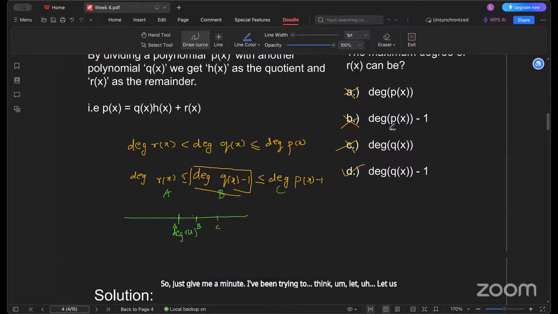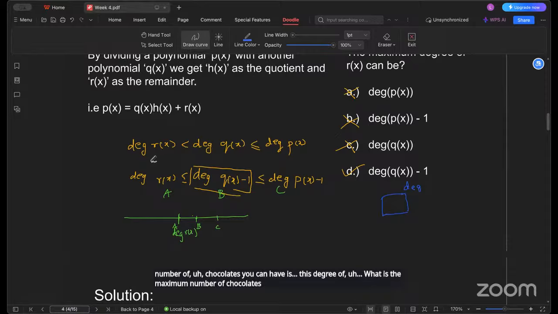Let us say that you have a box, and in that box the maximum number of chocolates you can have is the degree of R of x.